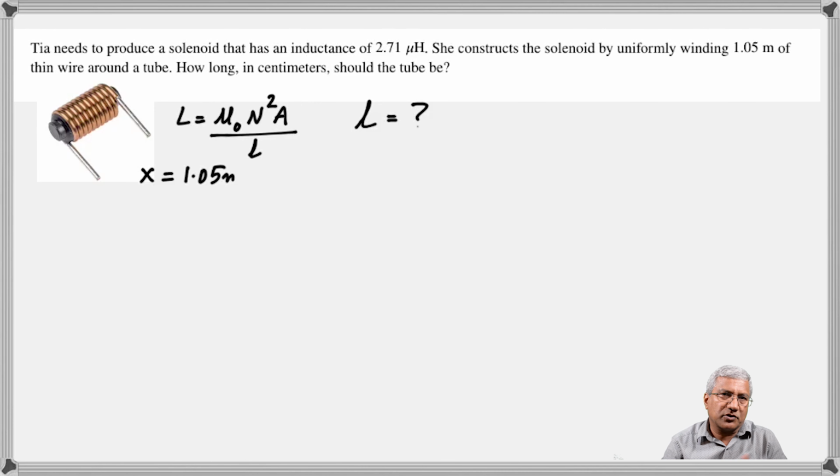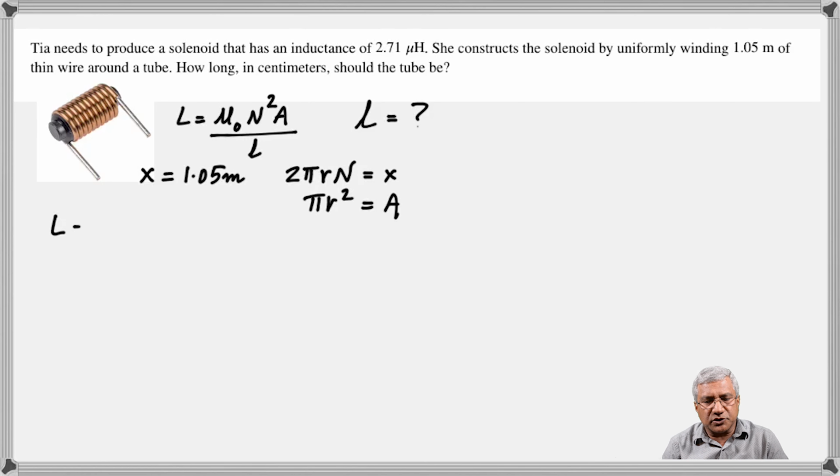So I'm going to take the length of the wire as x, which is 1.05 meter, and 2 pi r n is x, and the area is pi r squared. And so we will substitute this into the formula for inductance. But before we do that, let's make n the subject here.